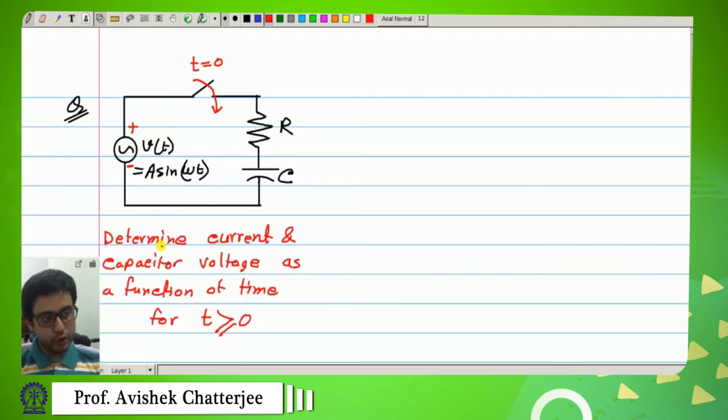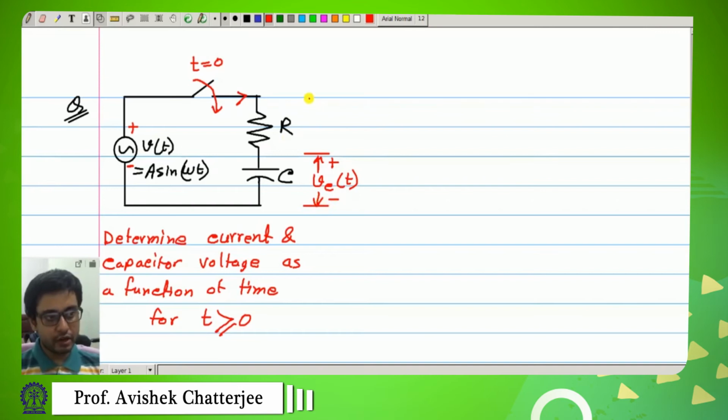So we have to determine the current, this current here, and the voltage across the capacitor as a function of time for t greater than or equal to 0. Let me call the voltage across this capacitor vc(t), with the upper side as positive and the lower side as my negative reference.